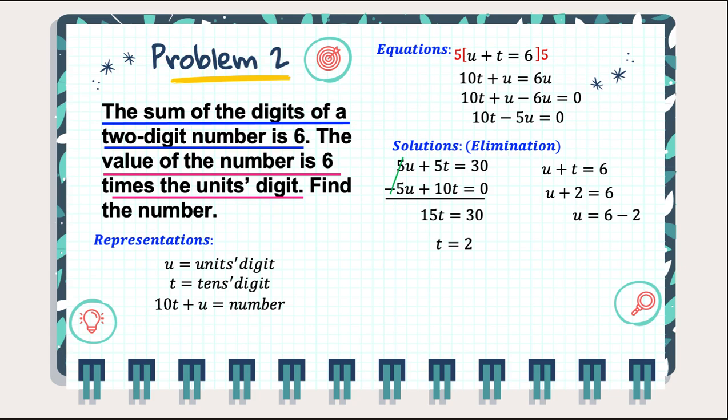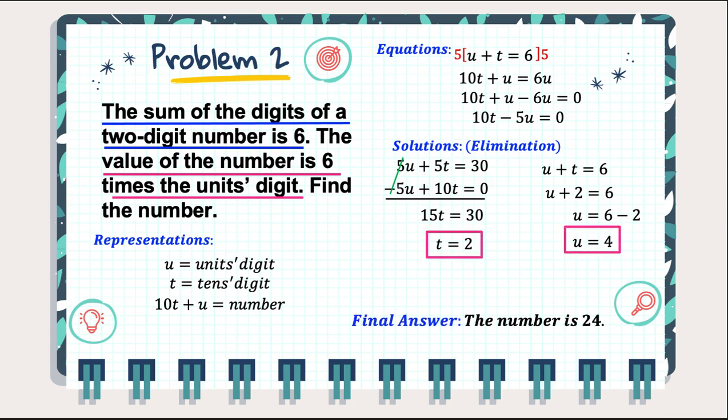As I transpose, I change the sign of positive 2, so it will become negative 2. Then, to simplify, the value of u is 4. As we write the numbers, I'll repeat, the first number should be the tens digit. So the tens digit is 2 and the units digit is 4. So therefore, the number is 24.